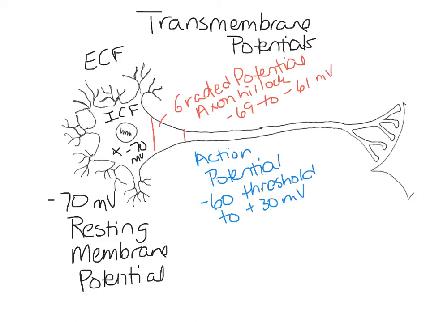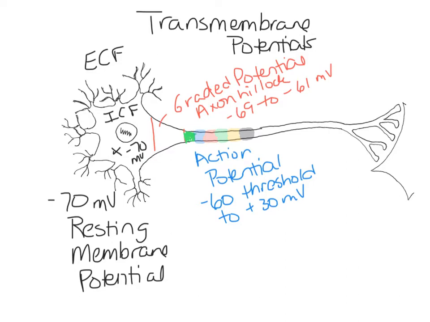And an action potential starts on just a small piece of the axon. So it'll be on this initial segment of the axon to begin with. And then we'll have another action potential on the next segment, and then another action potential on the next segment. And we'll have action potentials that just keep occurring all the way down that axon.